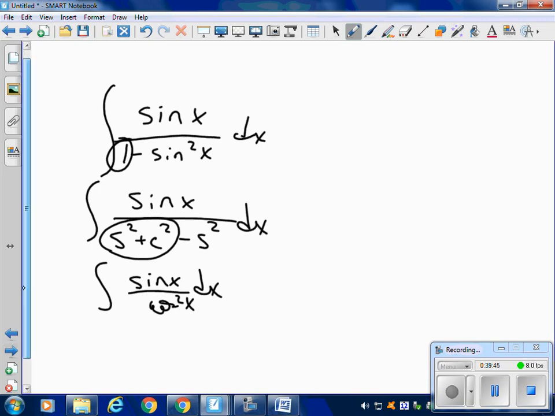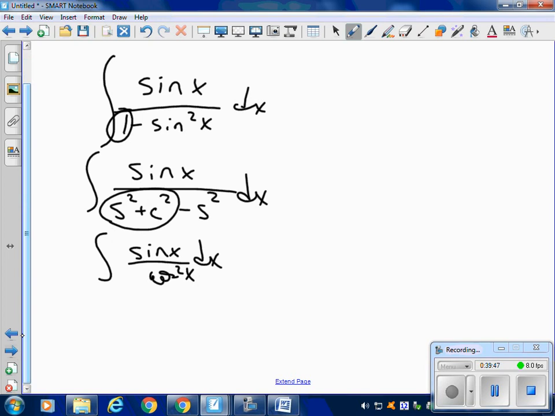And we know yesterday, when we had one that was squared and one that wasn't squared, we did what? We separated them. So that's going to be 1 over cosine of x times sine of x over cosine of x dx.